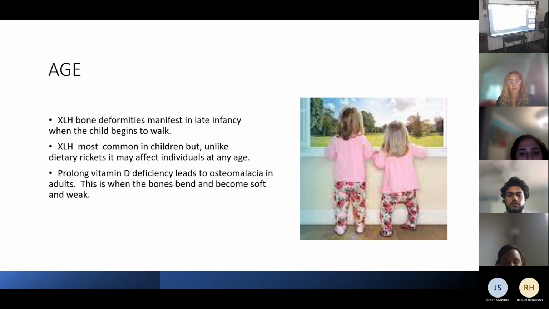Let's just say that this is an adult and he is experiencing this type of disorder. He's going to get shorter as his bones start to bow, mainly at the knees. It could allow him to walk, but a lot of times with osteomalacia, they wind up in wheelchairs.